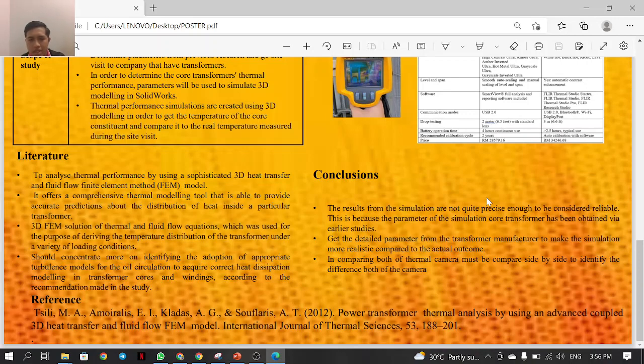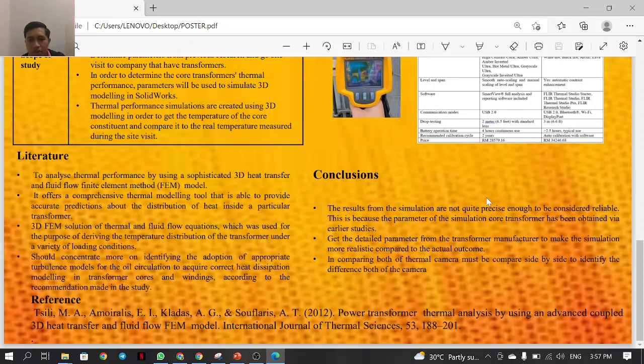For the conclusion, as recommended in the research, the results for the simulation are precise enough to be considered reliable. This is because the parameters of the simulated core transformer have been obtained via earlier study. For an accurate result, the parameters must be obtained from the manufacturer to make the simulation more realistic compared to the actual outcome.